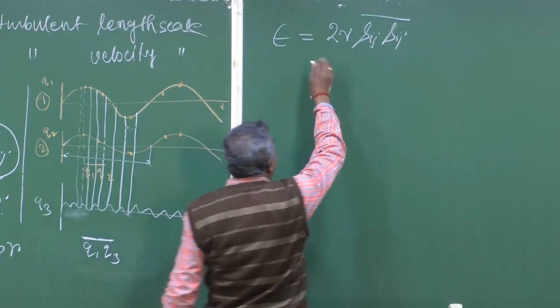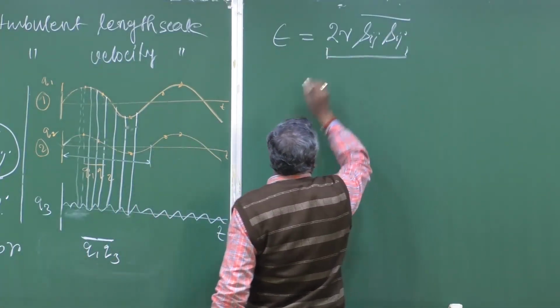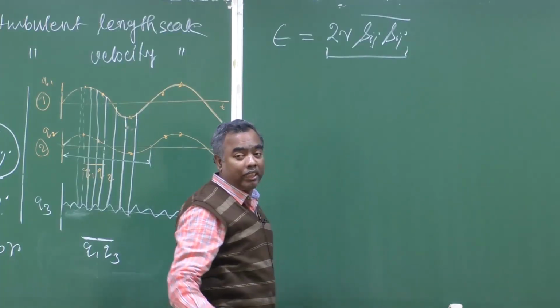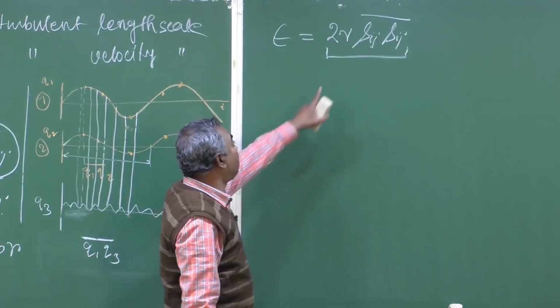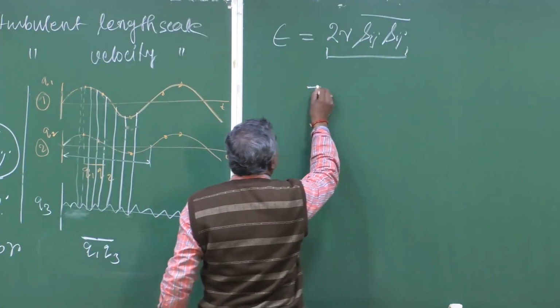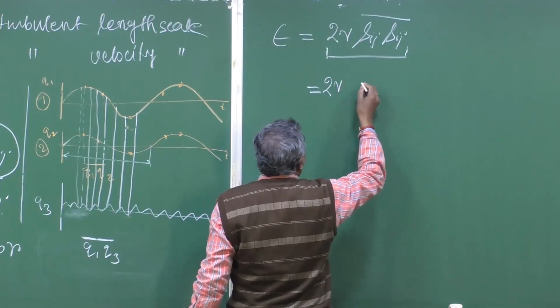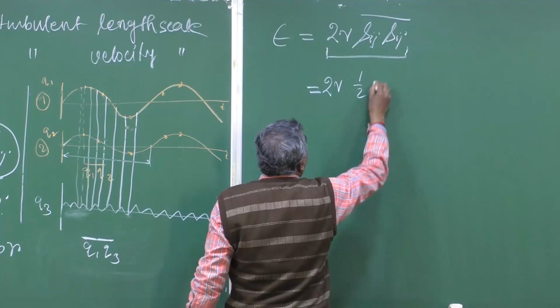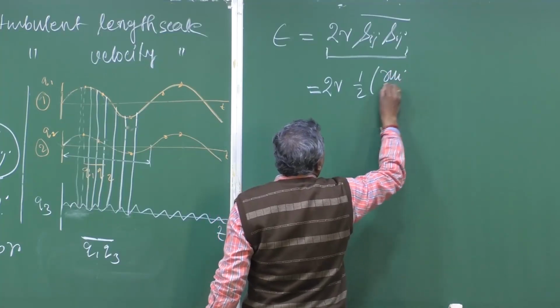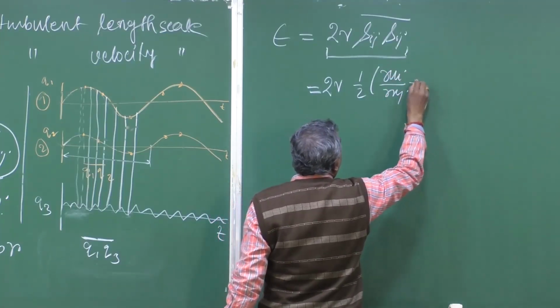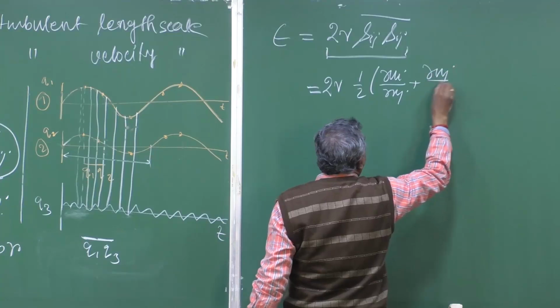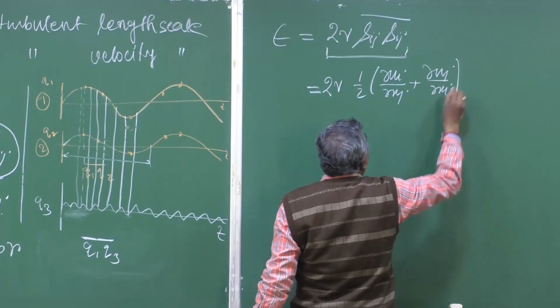So, for homogeneous and isotropic turbulence, this expression can be written as, let me just write this: del ui del xj plus del uj del xi.